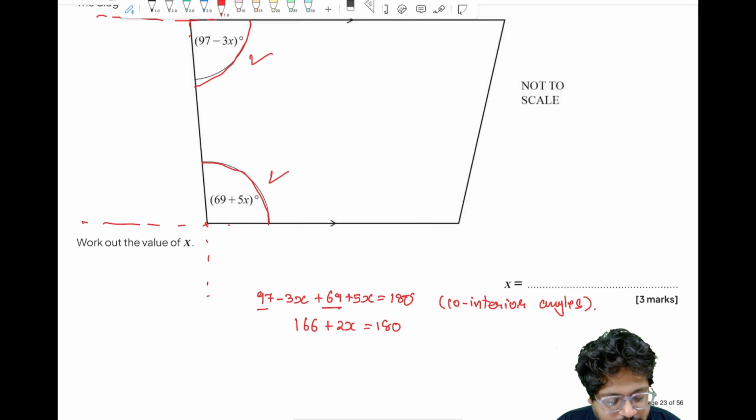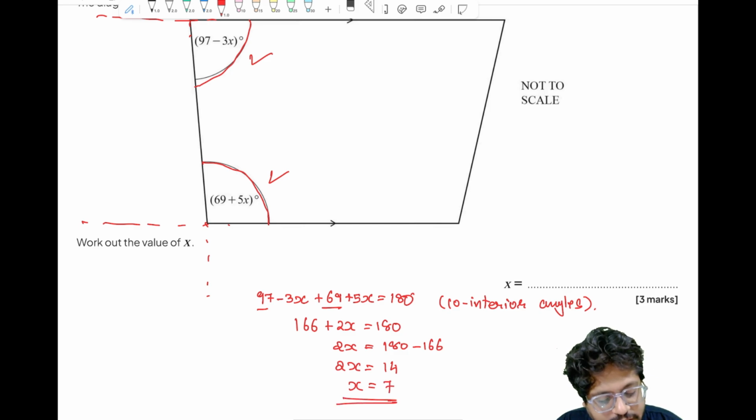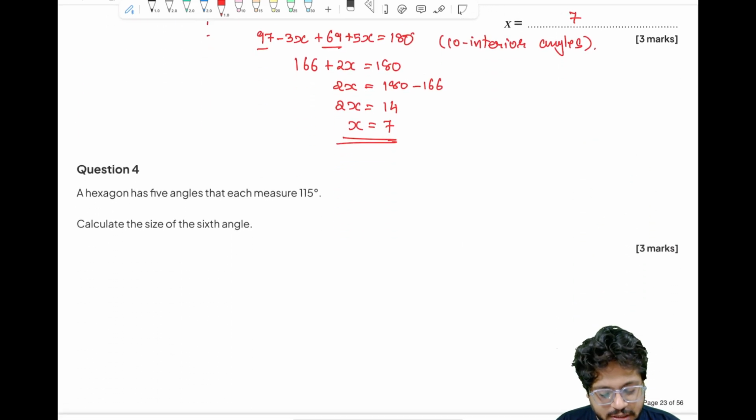Now this 166 will go in subtraction, so 2x is equal to 180 minus 166. 180 minus 166 is 14, and 2 will go in division, so it will be 7. So the value of x is 7 here. Okay, I hope this is clear.